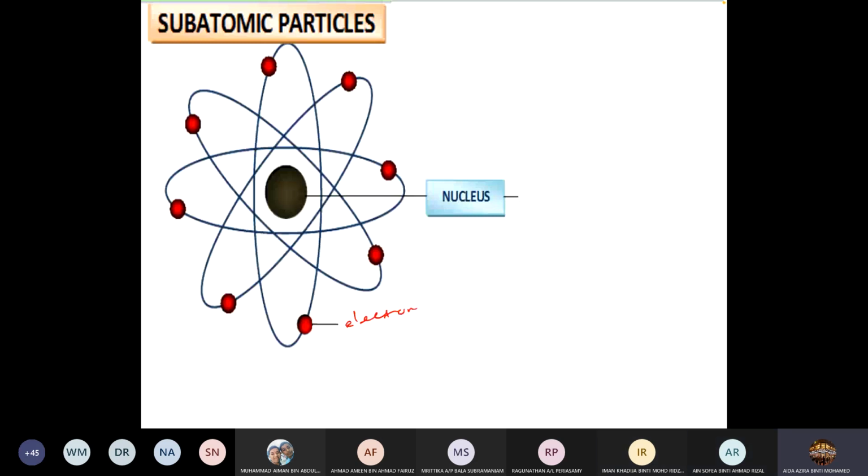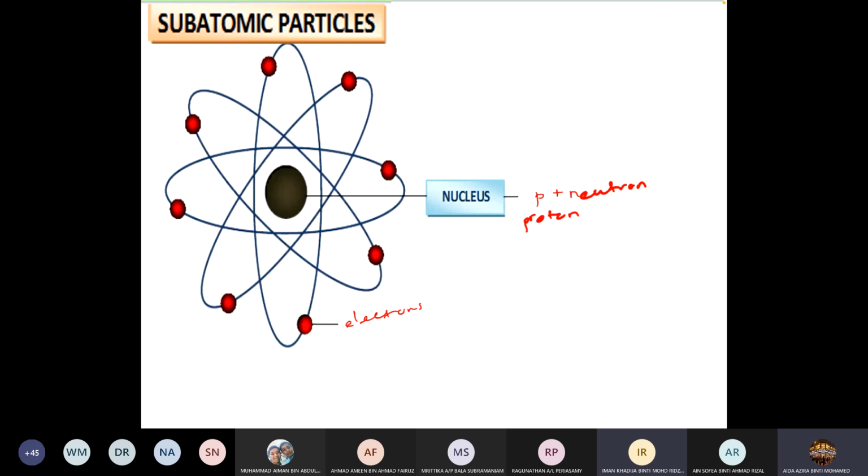Okay, in the nucleus, what kind of subatomic particles do we have? Proton. Yes, we have proton and neutron. Very good. Okay, what about the charge?